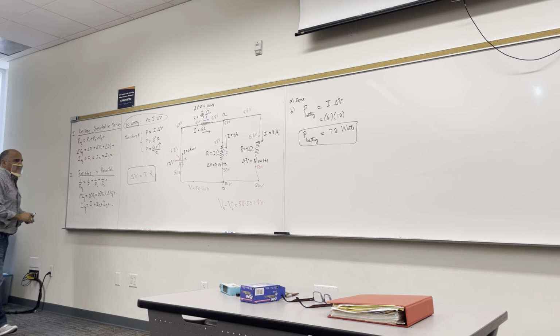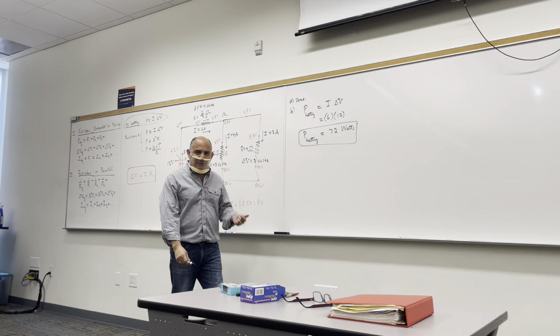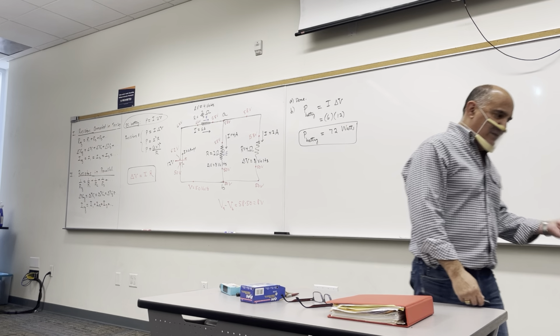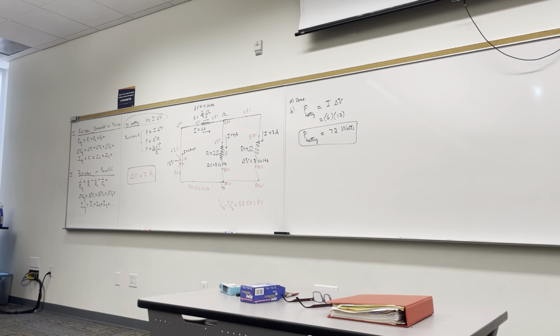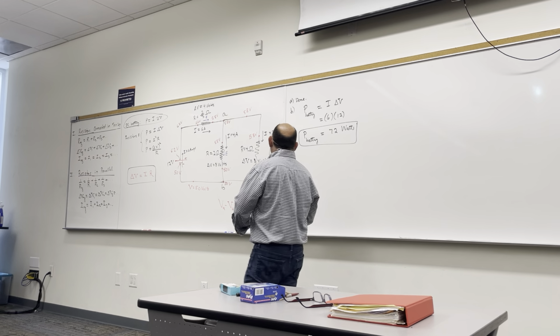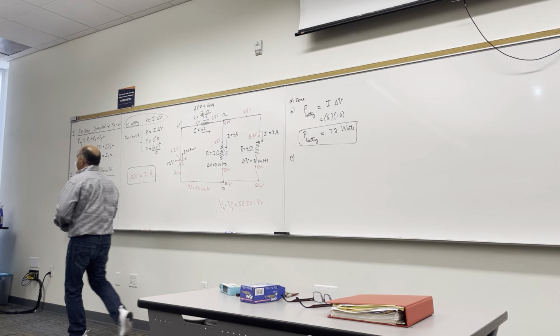What does that mean? That means that in 1 second, the battery will supply 72 joules of energy. In the next second, another 72 joules of energy, and so on. That's what it means. The battery is the source of the energy here.